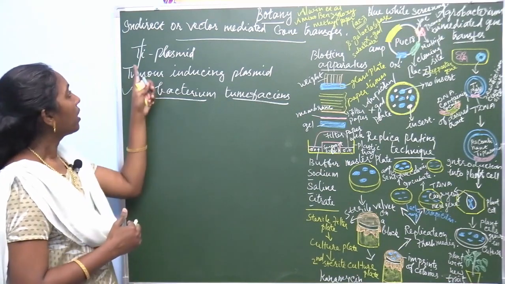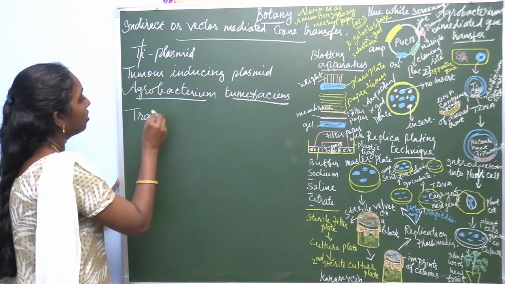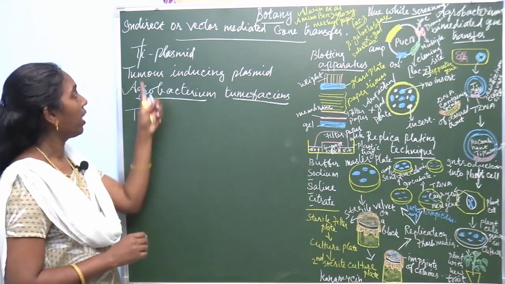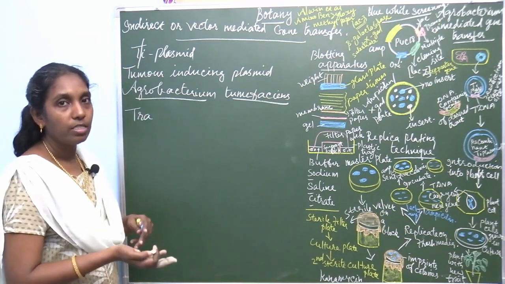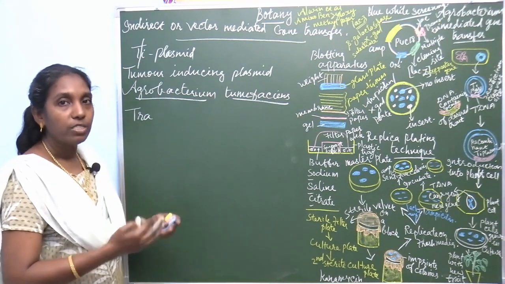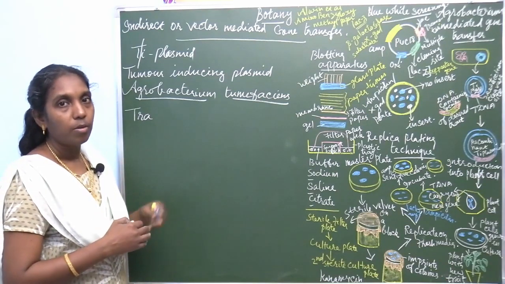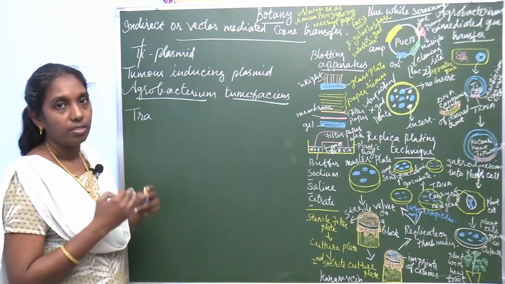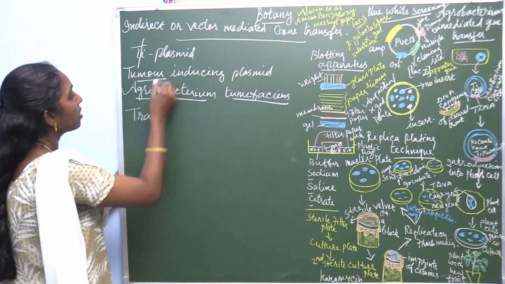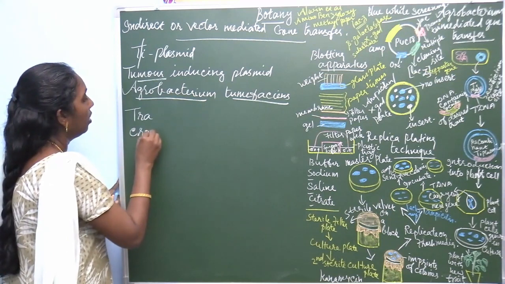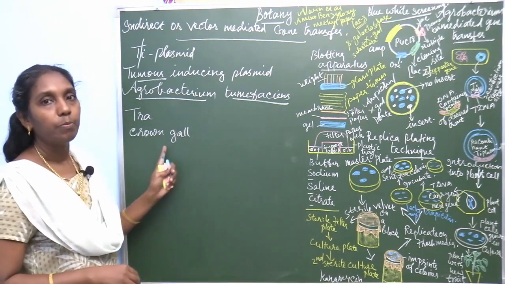This plasmid contains T, the transfer gene, TRA. The T, the transfer gene, is naturally injected into the plant cell. Because it is an infective gene, it causes tumor, that is crown gall disease in plants.